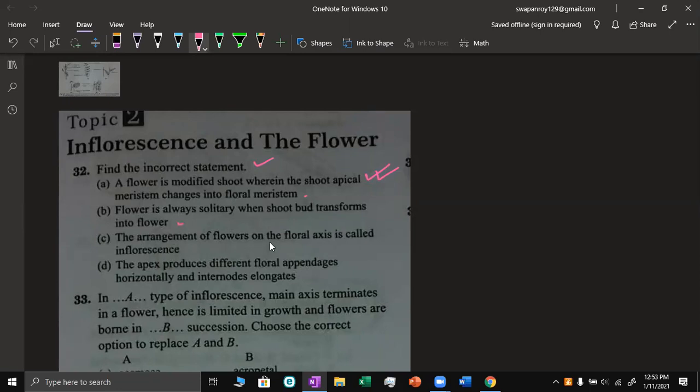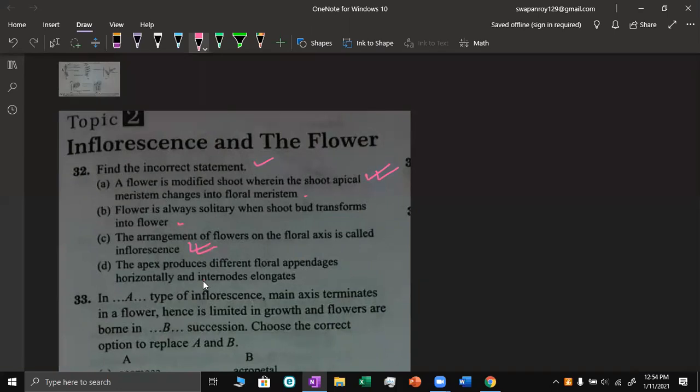C: The arrangement of flowers on the floral axis is called inflorescence. This is also correct. D: The apex produces different floral appendages horizontally and internode elongates.